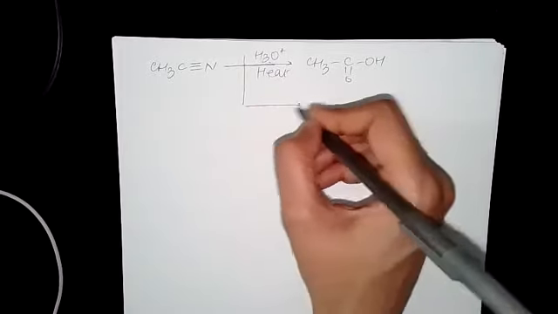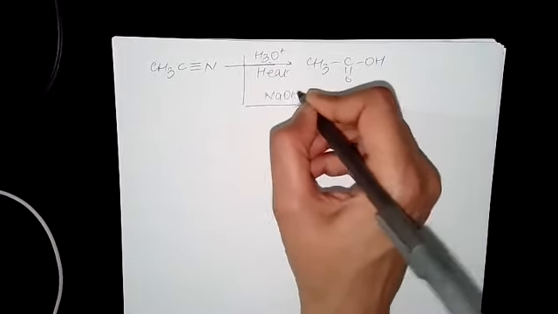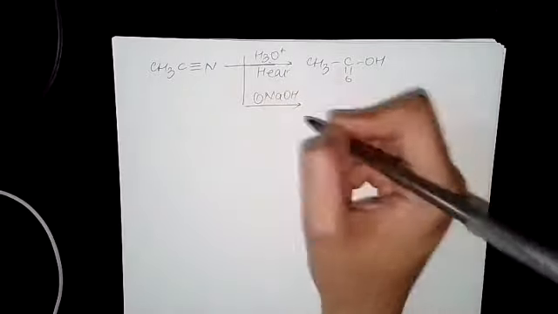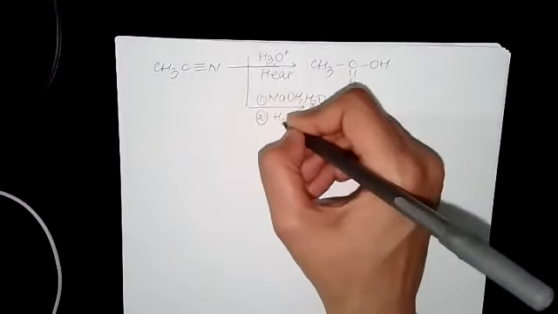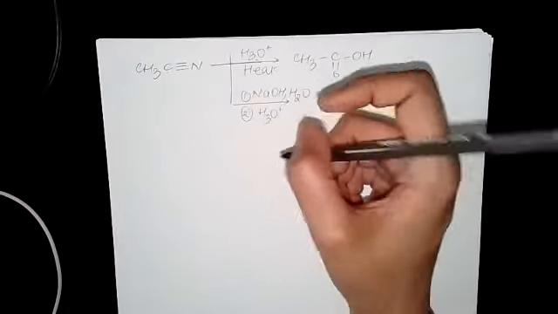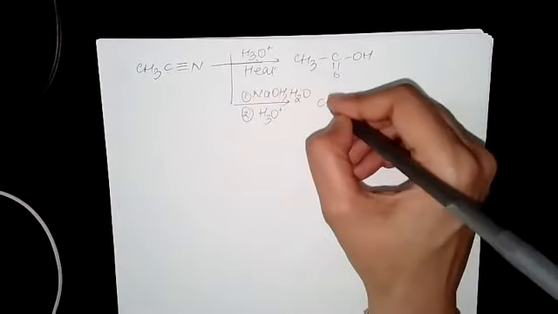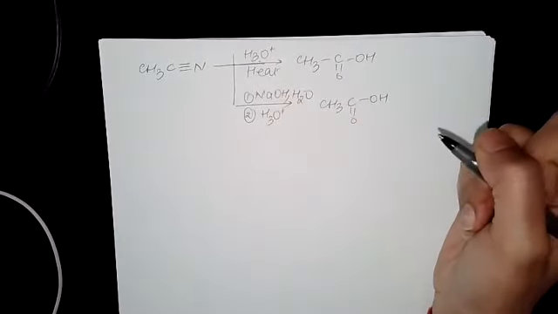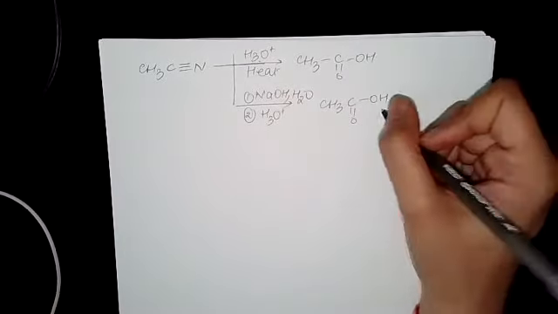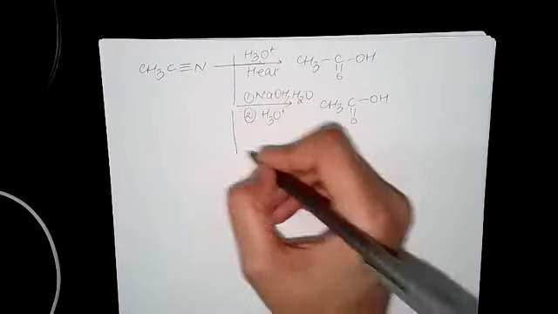You can also use basic conditions. First, introduce your basic conditions, followed by acidic conditions for protonation. You're going to get your starting OH.